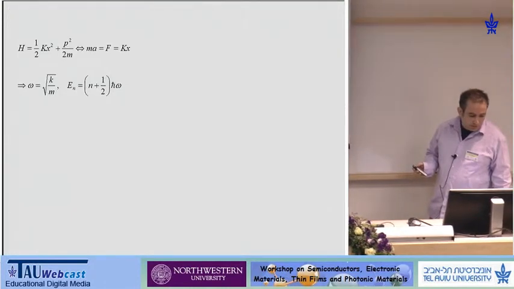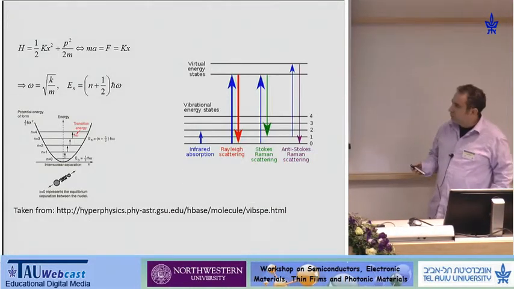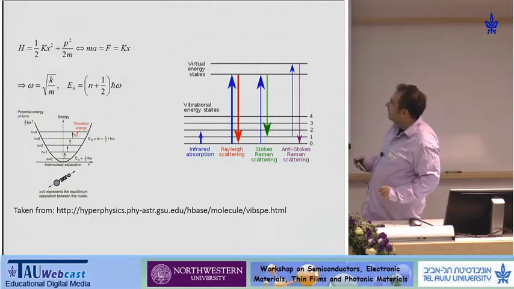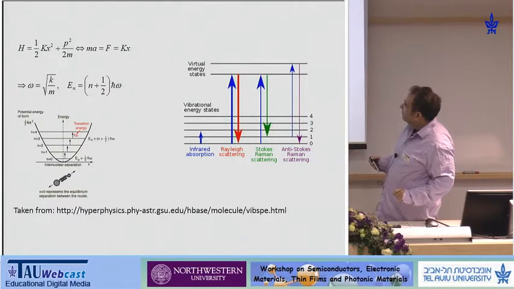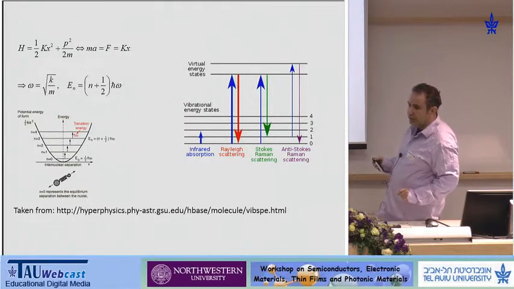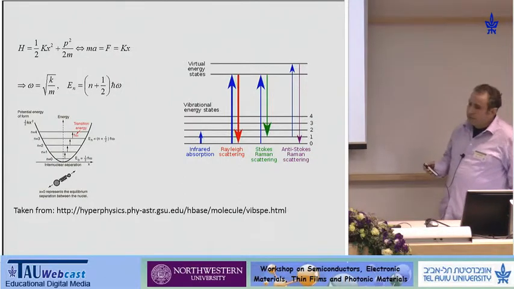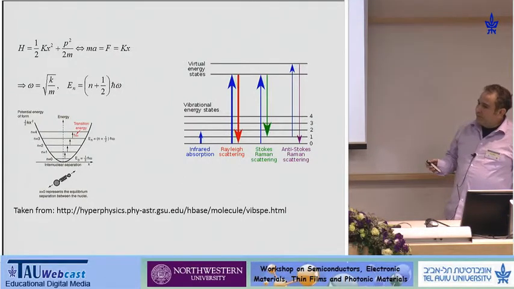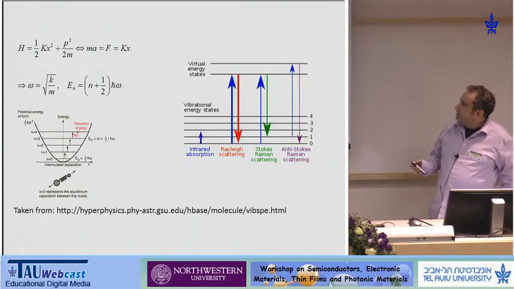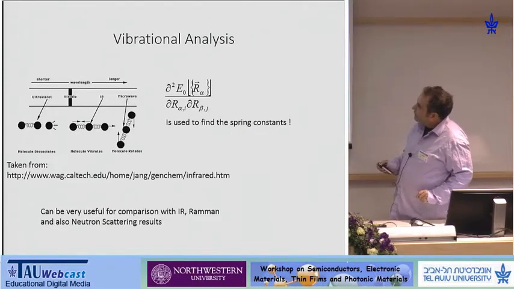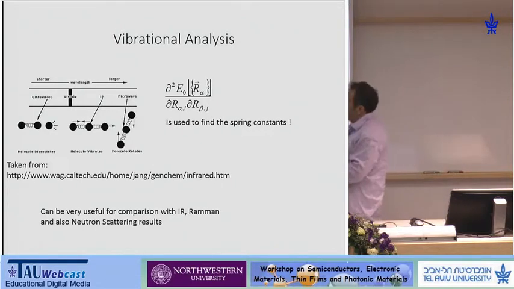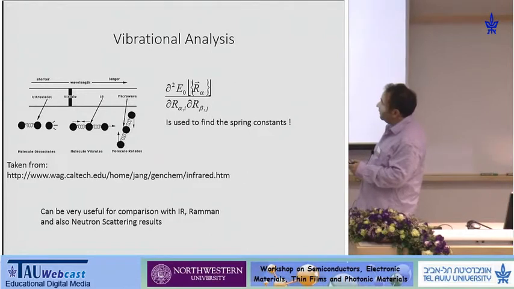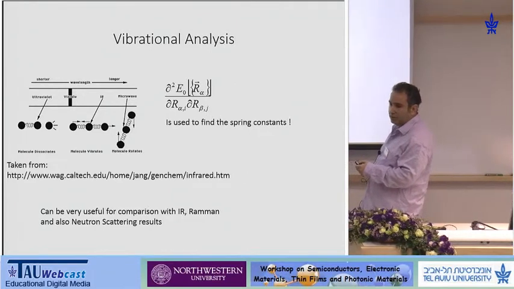So just what happens with Raman spectroscopy, we know that we shine light, and then from the difference of the photons, we get the vibrational energy and get the Raman shift. Basically, we probe vibrational properties. In theory, we can calculate the vibration properties by having the derivative of energy with respect to the ions.